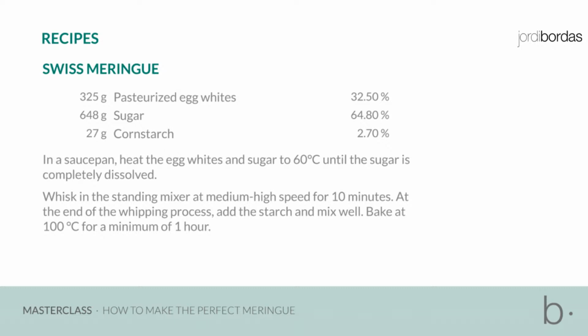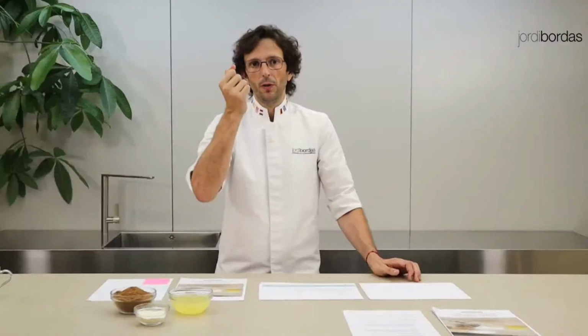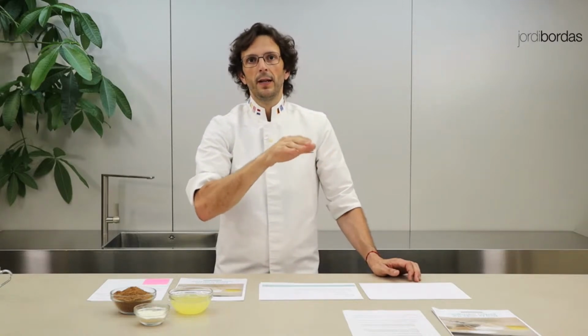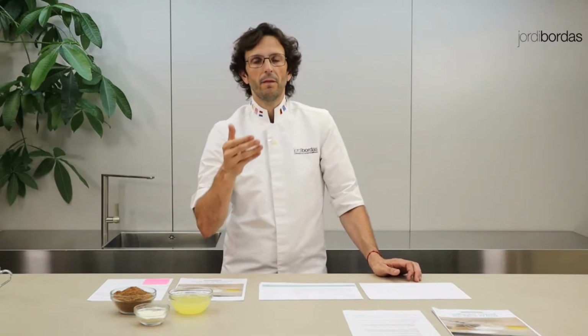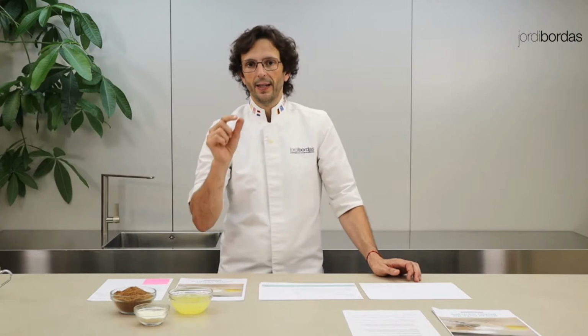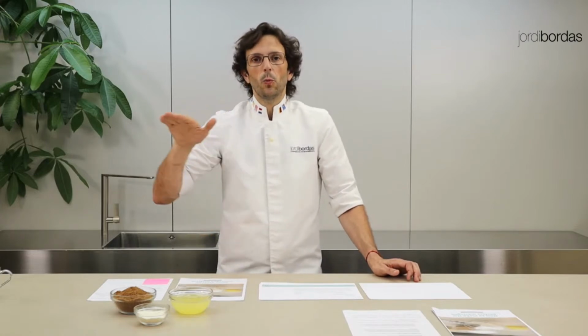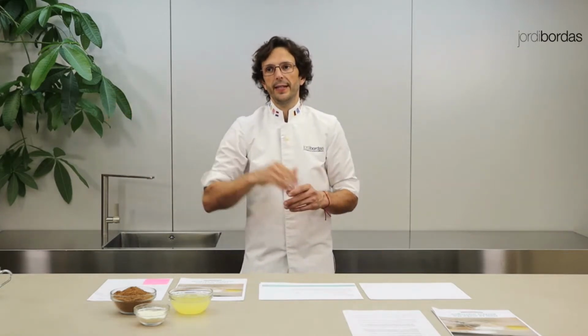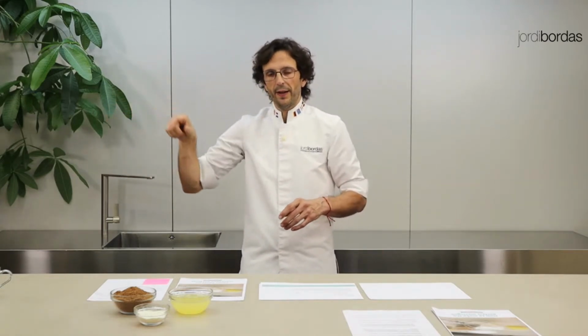That means that, for example, if with this Swiss meringue we want to make a decoration with a piping bag, and we want to dry it in the oven at 100 degrees during 4, 5, 6 hours until it's completely dry, or we can work in a warm cabinet, for example, at 50 degrees, and we will have it from one day to the other day.